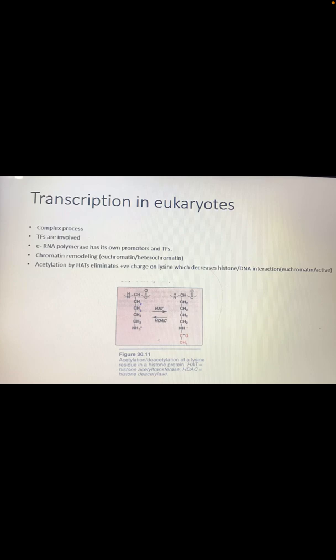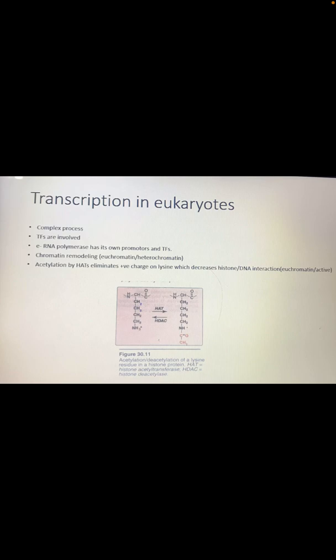This is done with the help of different types of enzymes which are known as HATs. HATs are histone acetyltransferases, which basically add an acetyl group in the heterochromatin structure, which is the condensely packed structure of the chromatin.